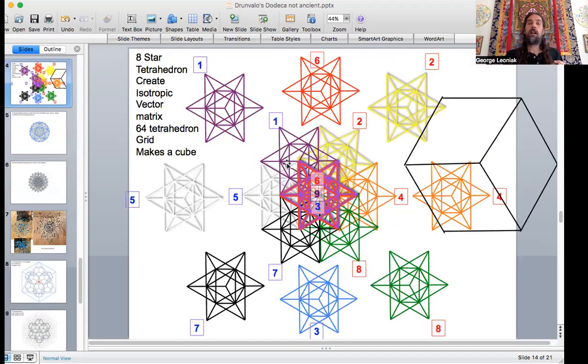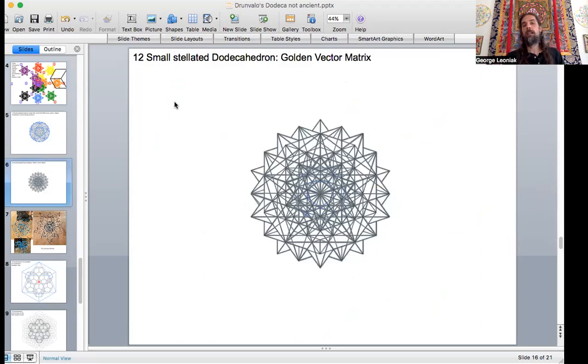This is the vertices of the vector equilibrium, the cuboctahedron. There are 12 around 1 here, with the central point being the center. So we have 12 vertices when they all come together. Of course, we have these vertices at the top of the stars, but if we chop those off, we would have 12 around 1. And here we will have 12 small stellated dodecahedron, also around 1.